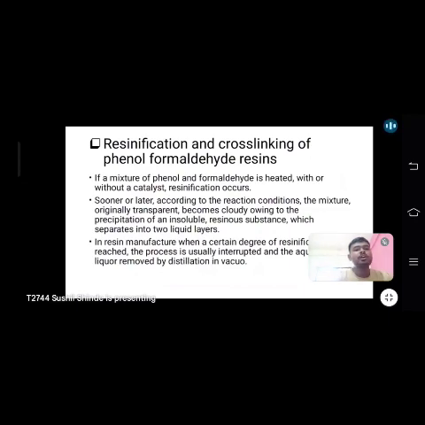The mixture becomes transparent, and a partial insoluble resin substance separates into a liquid layer in resin manufacturing. The process is usually interrupted and the liquor removed by dissolving in alcohol.